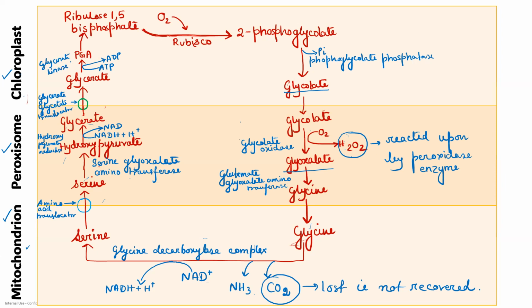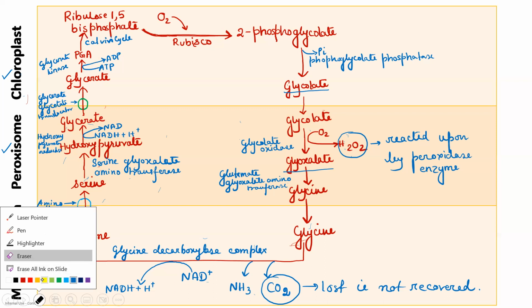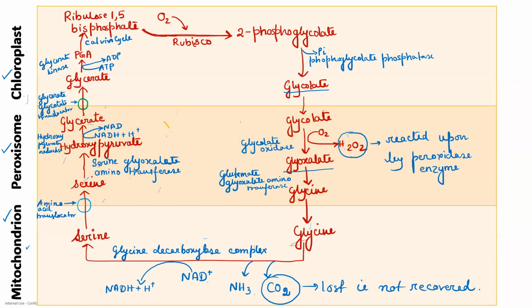Now this PGA will again regenerate ribulose 1,5-bisphosphate through the Calvin cycle. Clear? So this is the entire picture of photorespiration.